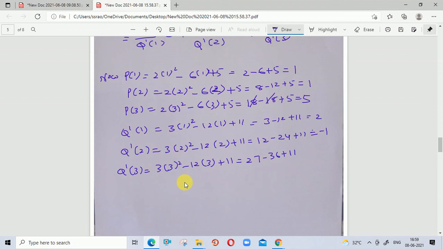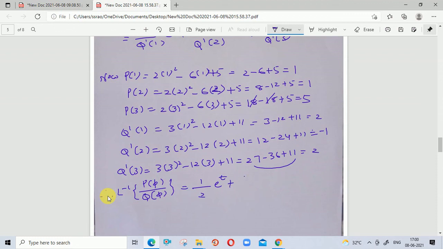Therefore, L inverse of P of P divided by Q of P is equal to P of 1 by Q dash of 1. P of 1 is 1, Q dash of 1 is 2, e power t, plus P of 2 by Q dash of 2. P of 2 is 1 divided by Q dash of 2, that is minus 1, e power 2t.